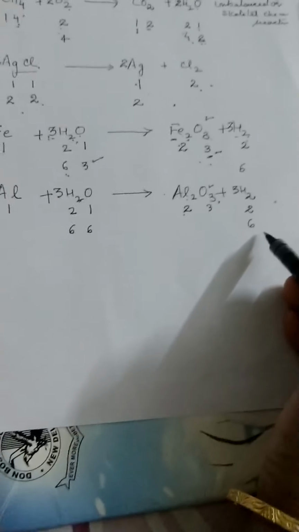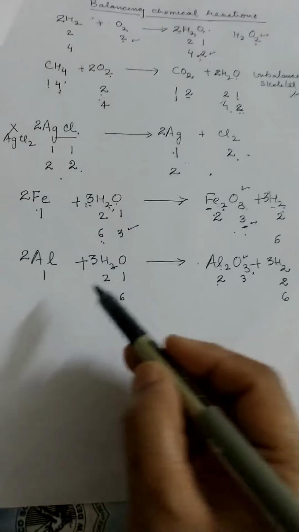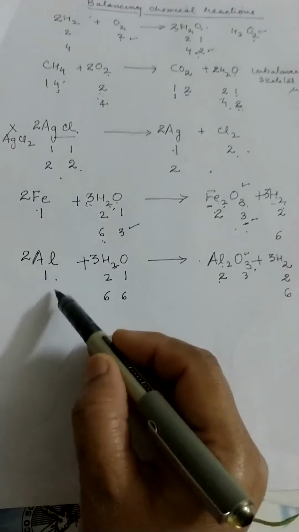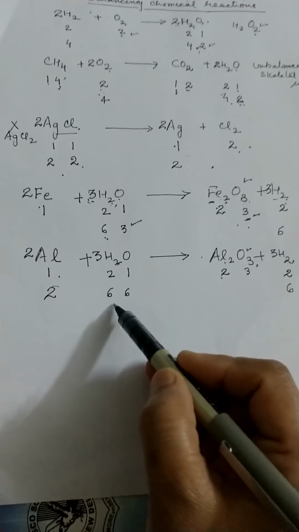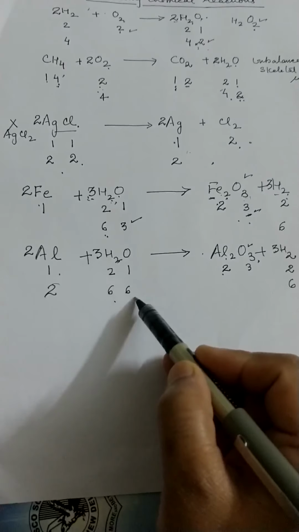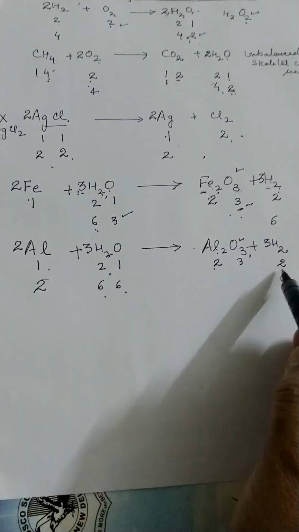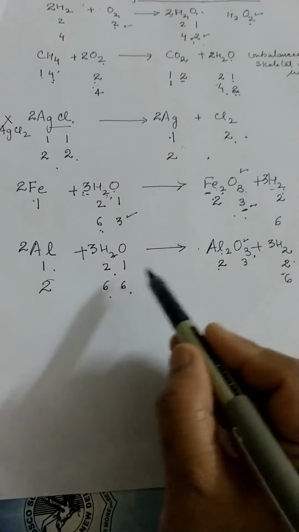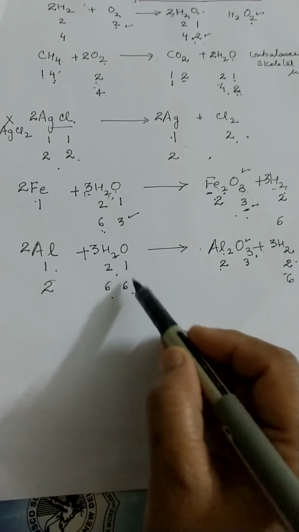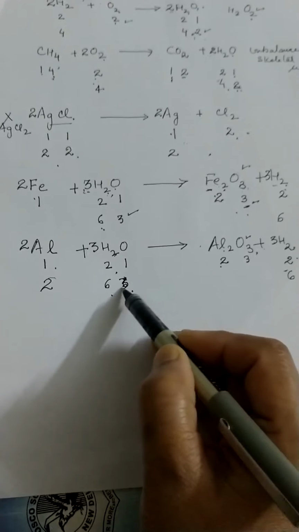Now if you check this chemical reaction, it is balanced. Aluminium 2 atoms, right? Hydrogen 6, oxygen 3 on this side, hydrogen 6 on the product side too.